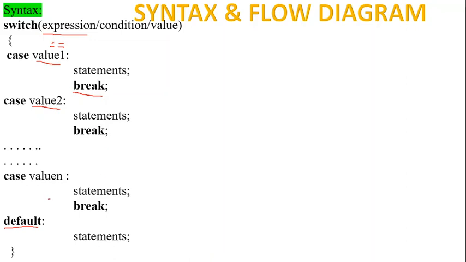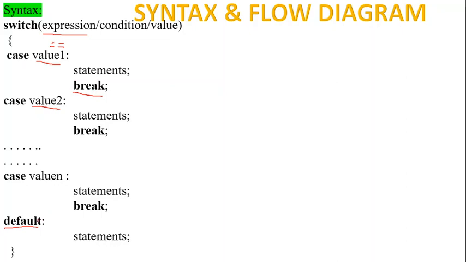Default and break are optional. So the keywords in this statement are switch, case, break, default. Total 4 keywords: switch, case, break, and default. Of these, switch and case are compulsory keywords.